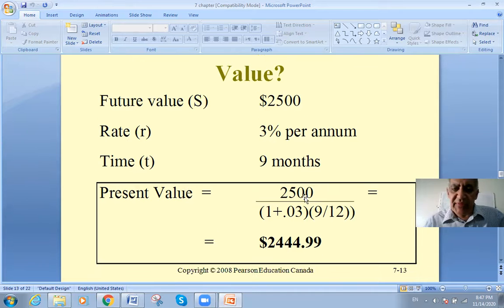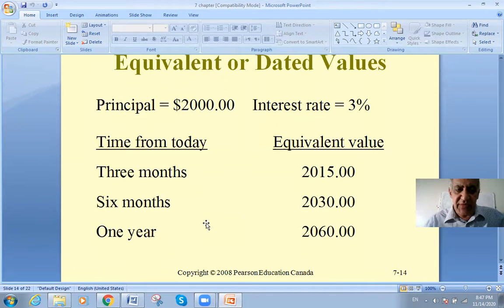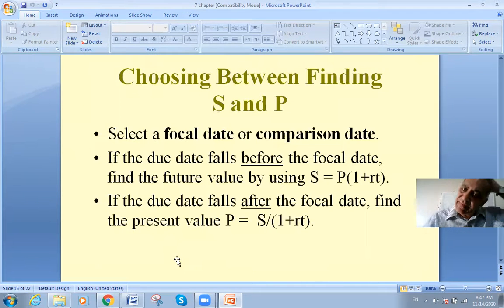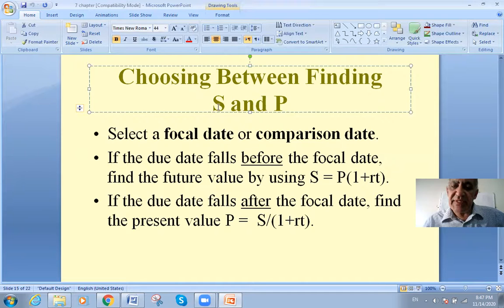We gave examples about the future value and the present value in the earlier videos.